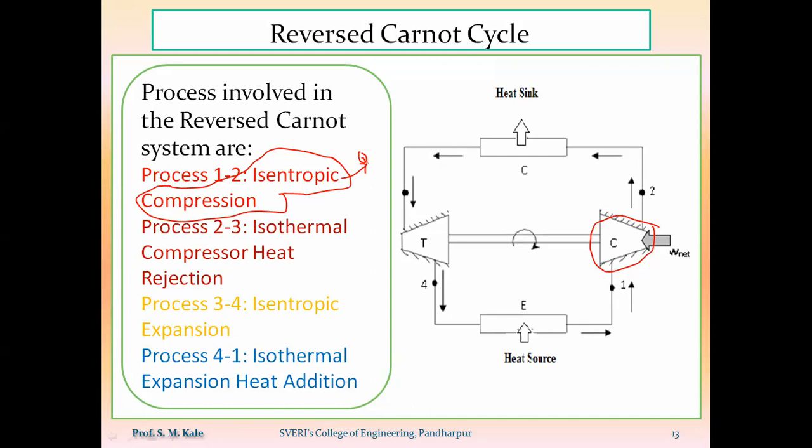So to have isentropic compression, it is possible only when we carry out this 1 to 2 process within a fraction of a second. That means the speed of this process 1 to 2 should be very high. Then and only then is it possible to have isentropic compression.